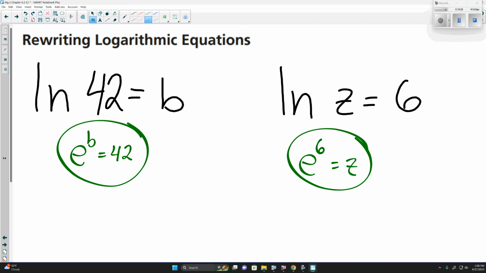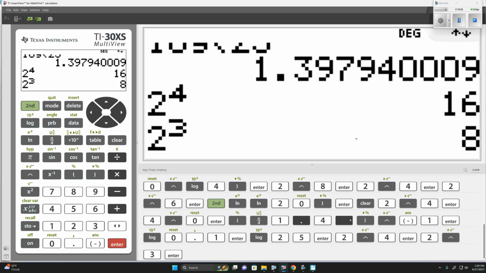Now, if you notice with this here, in most all the ones that you'll come across, especially with natural logs, they're going to use a variable in some way, shape, or form. Because with the logarithms, we had nice numbers: the first one we did was log base 2 of 16 equals 4, which gave us 2 to the 4th equals 16. It works nicely, because 2 to the 4th is indeed 16. Now, if we looked at e to the 6 equals z, I can type that into the calculator.